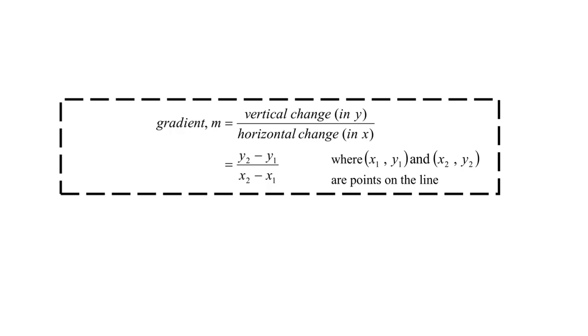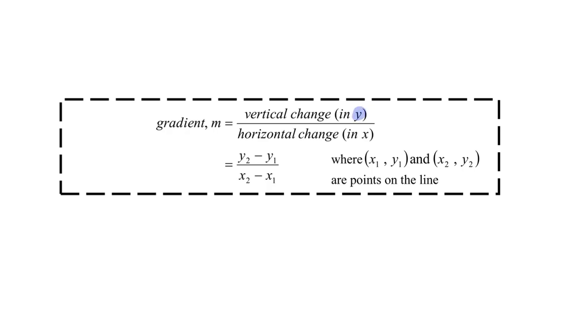It is at this point that I would like to introduce a formula on how to calculate gradient. We can calculate gradient given any 2 points, and do take note that given 2 points, which I call x1, y1 and x2, y2, gradient is basically the vertical change in y.